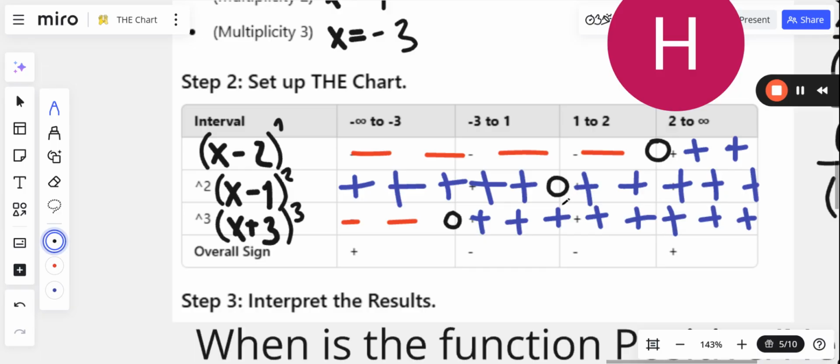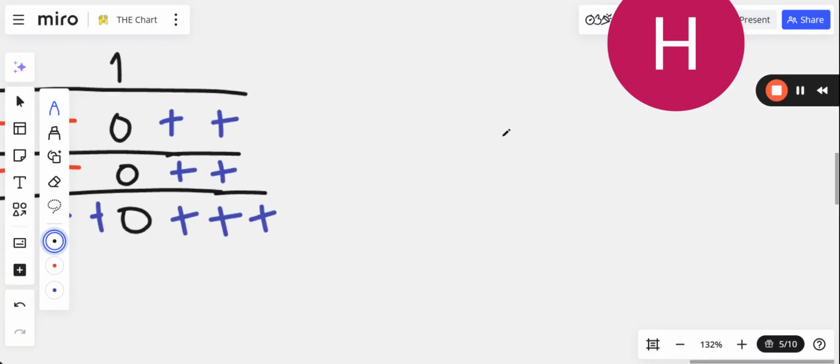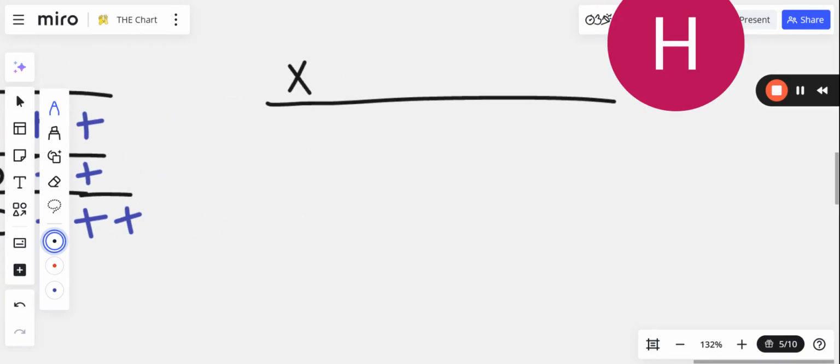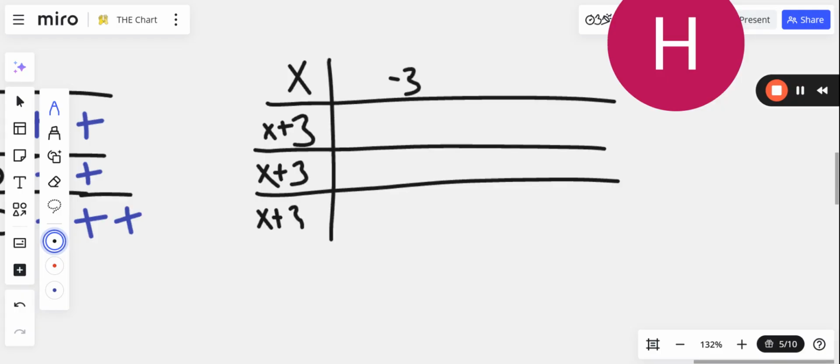So let's make sure this is consistent. I'll do the same kind of thing by breaking down those 3 factors separately. If we have x plus 3, we have x plus 3, and another x plus 3. At negative 3, these are all equal to 0.